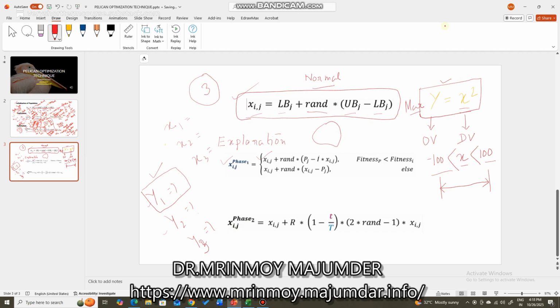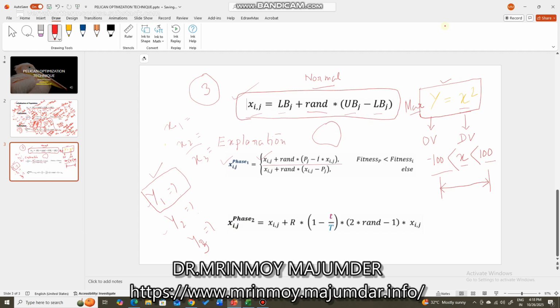Okay, let me be more precise. We have identified this as the prey or target. Now y2, you found that y2 is greater than y1. Okay, so for generating the value of x2, you will use this formula, this one.